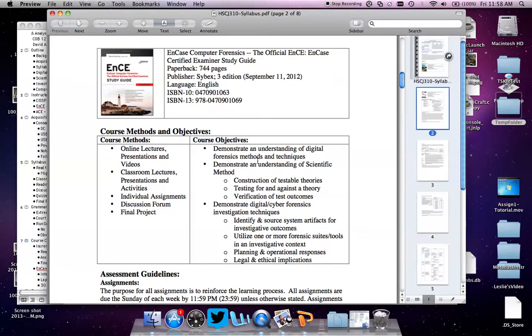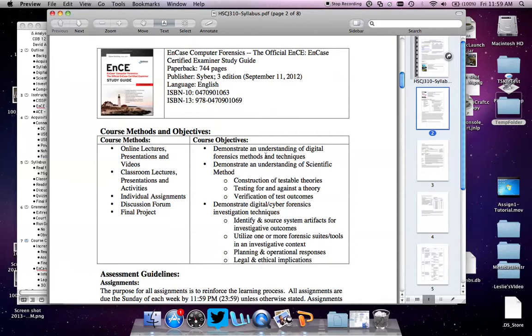You should be able to deal with planning and operational responses associated with digital forensics, at least at a cursory level, and you should be exposed to and able to, at least to a certain degree, address or discuss legal and ethical implications associated with this particular discipline.